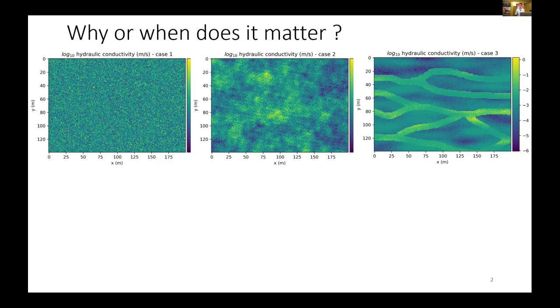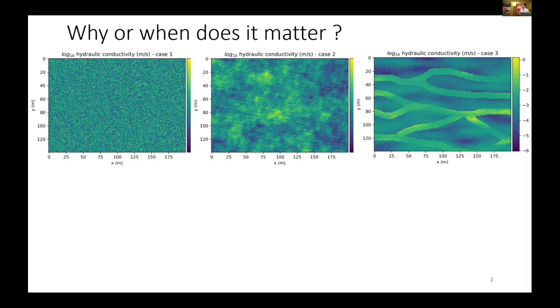And basically, we've got random noise defining the hydraulic conductivity. In the middle, we have something a bit more organized. This is a realization of a sequential Gaussian simulation. And we can see that typically high values in yellow of hydraulic conductivity form some kind of clusters, and low values of hydraulic conductivity in blue form other clusters.